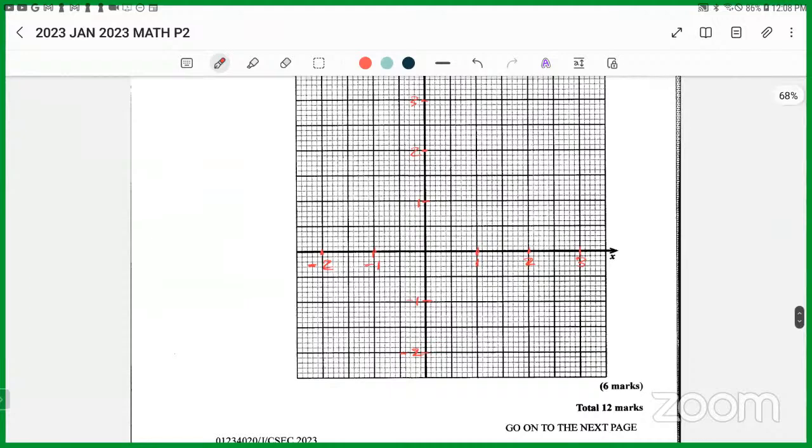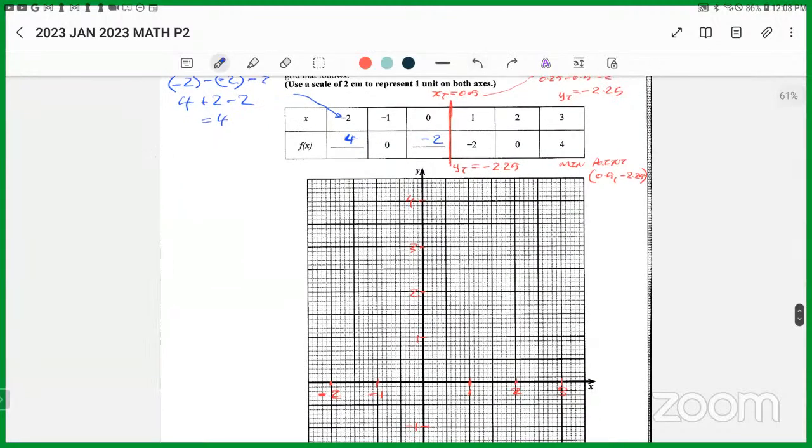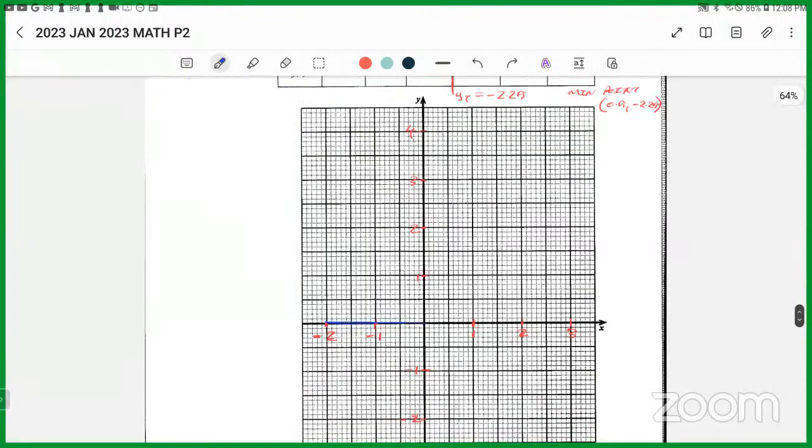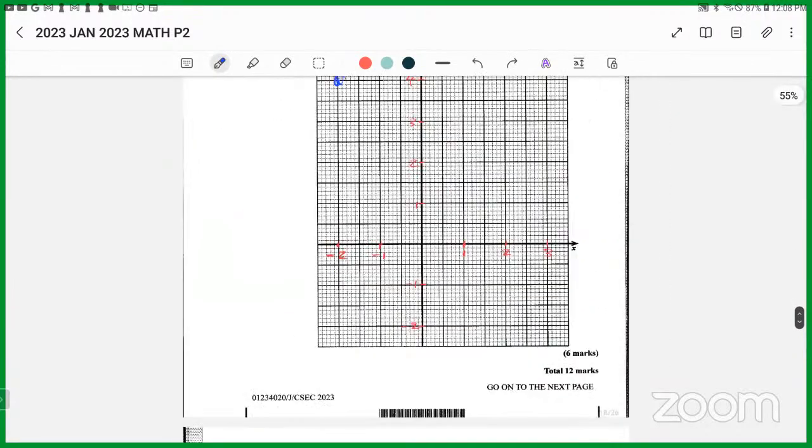Let's put in the points now. Let me use the blue. So the first point was -2, 4. -2 up to 4, that's this point at the top right here. The next point was -1, 0 on the x-axis, right here.